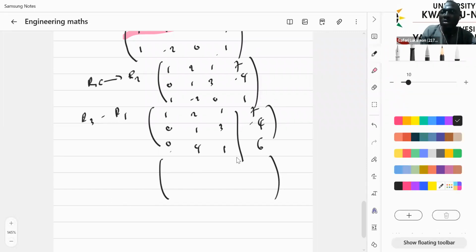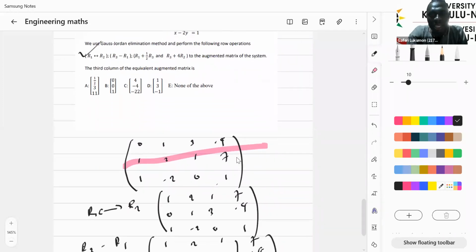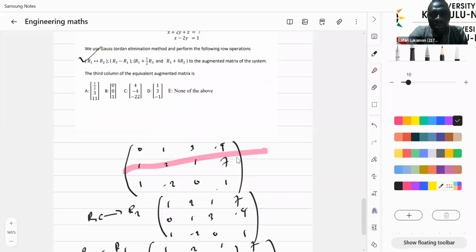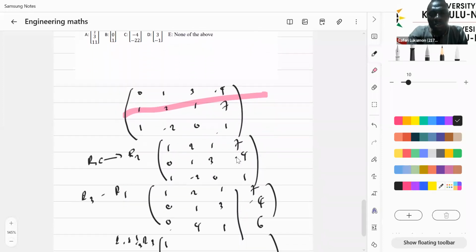So this is going to give me R1 plus half R3, that is 1 plus 0, that is 1, 2, plus half R3. Something is wrong. It's supposed not to be that. I hope we've not made a mistake of negative.